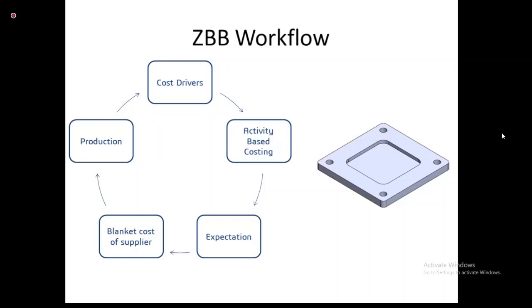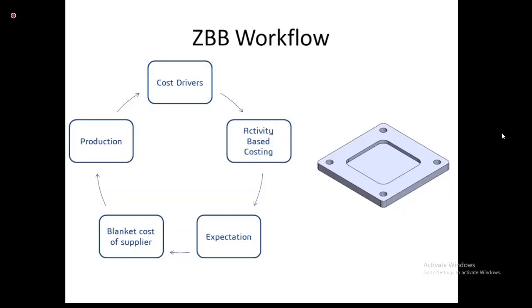The management will decide what should be the price of the component and what should be the budget of the product, and then these budgets and costs get navigated into the respective departments. So ZBB is implemented from top-level strategic goals into the different departments of the product.